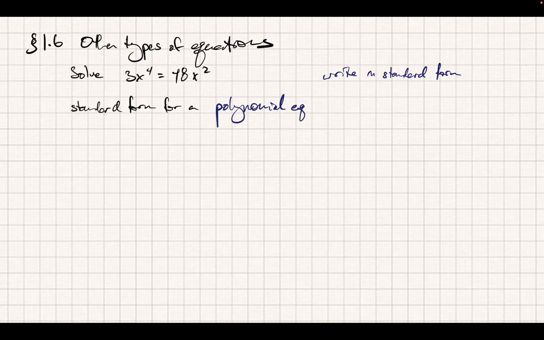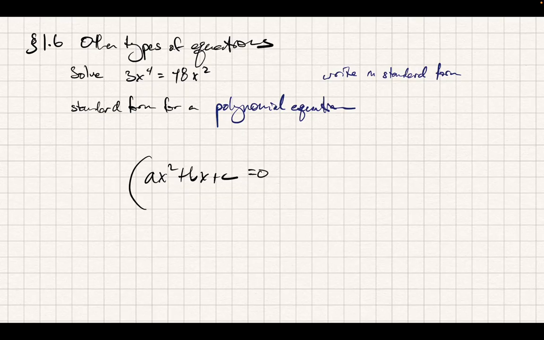That is standard form for a quadratic. So I want standard form for a polynomial equation in general. So if I say polynomial equation, it's going to include what? If I say polynomial, it might be just ax squared plus bx plus c. That's polynomial. What would make this an equation? An equal sign. Equals 0.